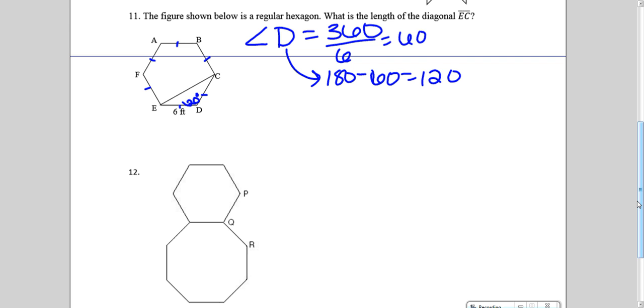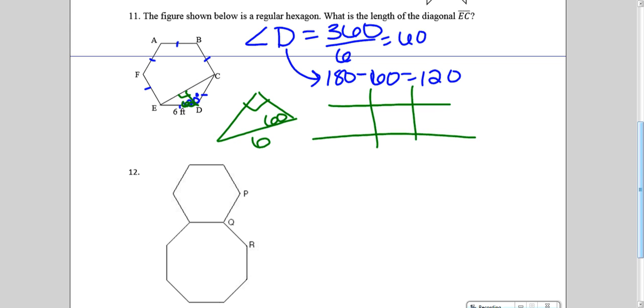So if I draw my altitude in here, my perpendicular line, I now have a 30, 60, 90 triangle. One of my special rights from a long time ago. I'm going to redraw that triangle out. So I can set this up using my tic-tac-toe board from long ago. 30, 60, 90, 1, root 3, 2.